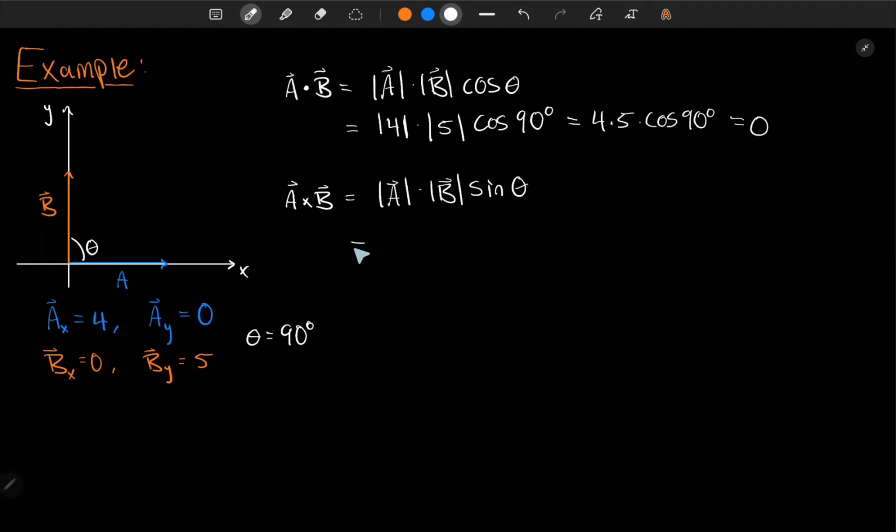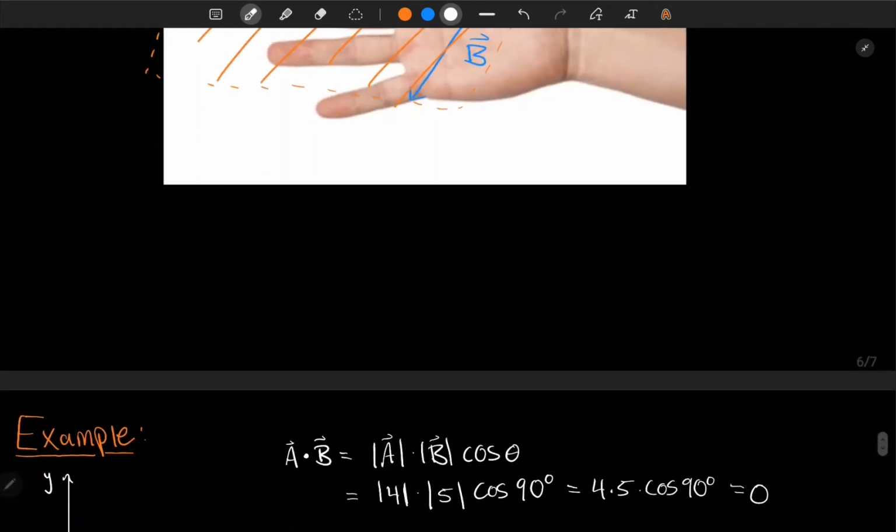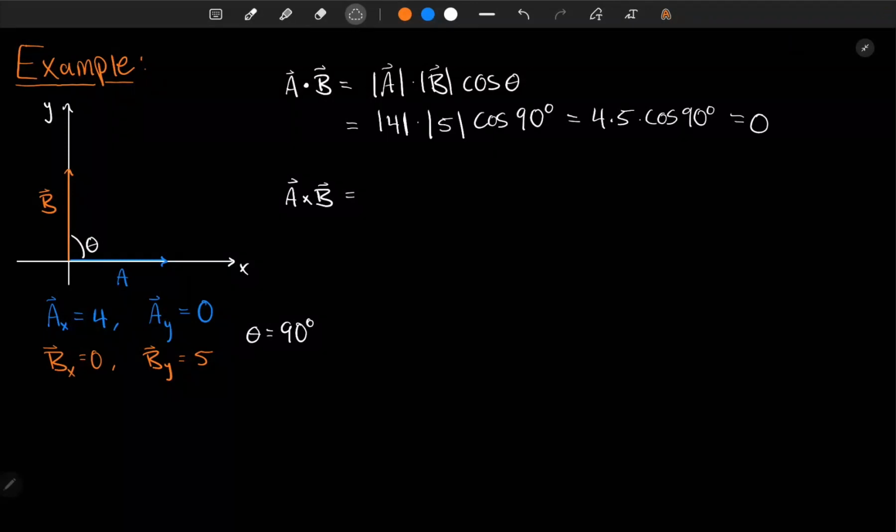Here, as we had above, we know that the magnitudes are the same as before.